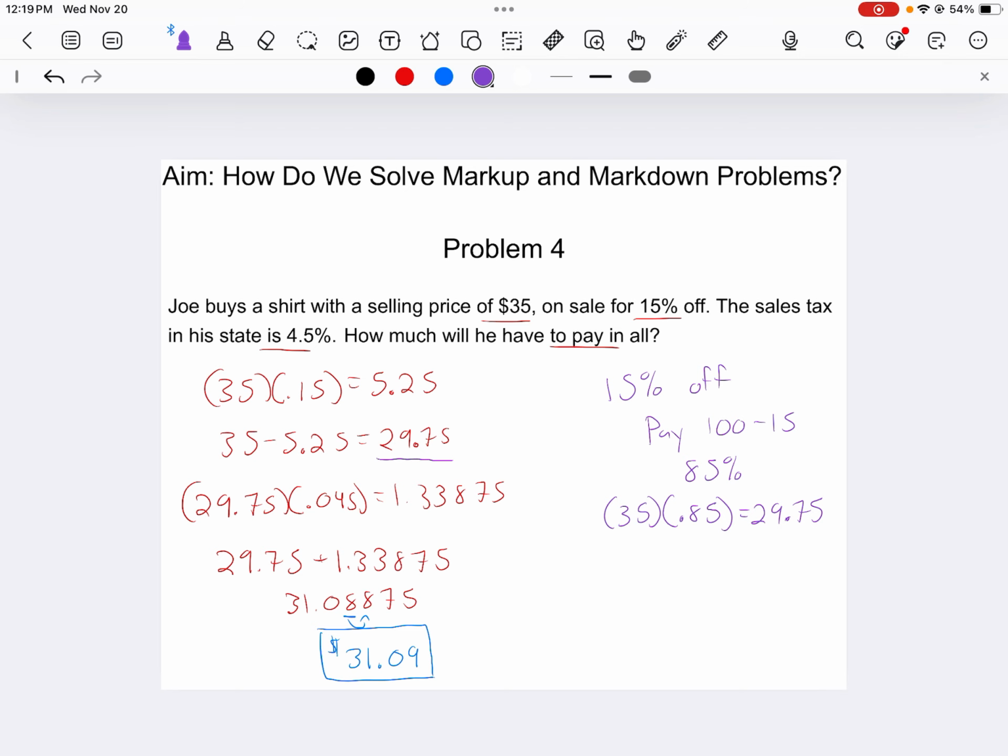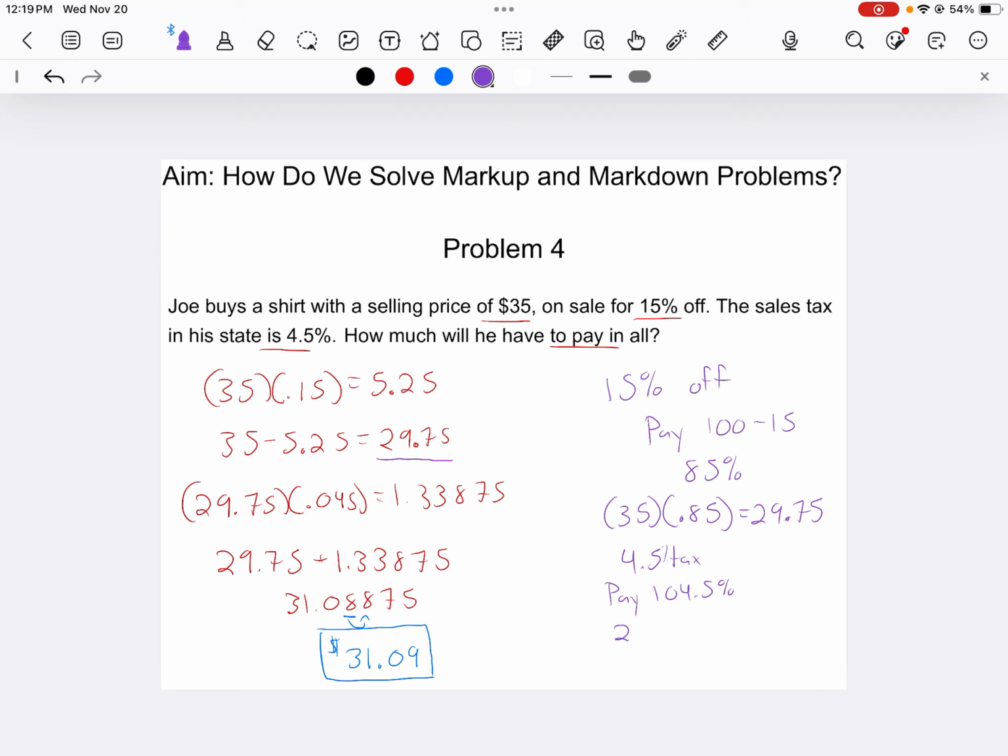And then if we want to find the sales tax, 4.5% tax, that means that you're going to be paying 104.5% because you're adding on to the whole 100%.